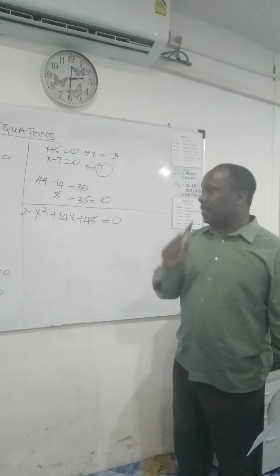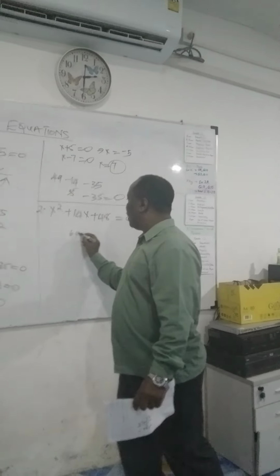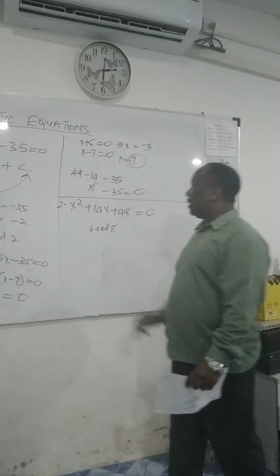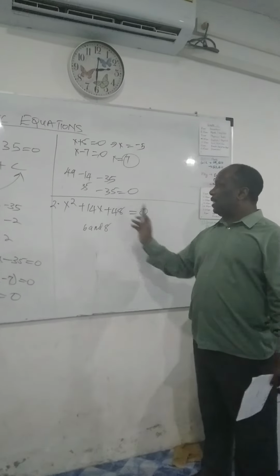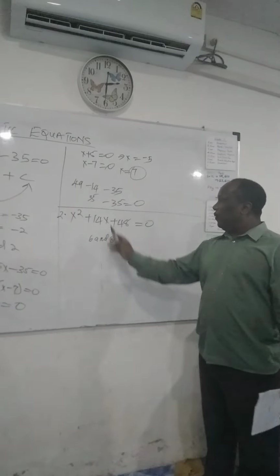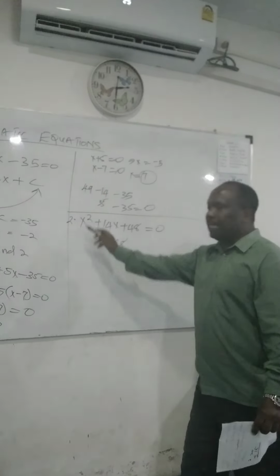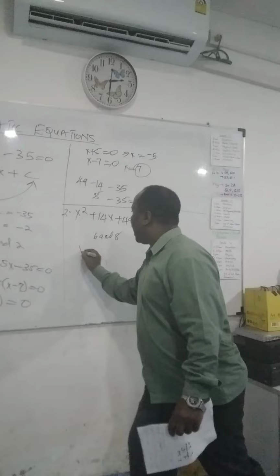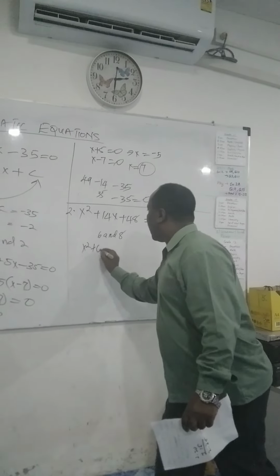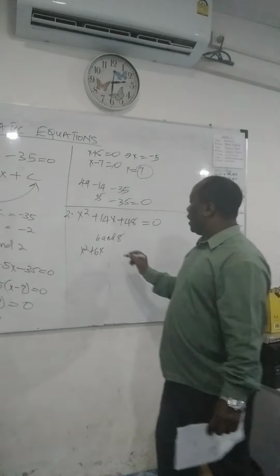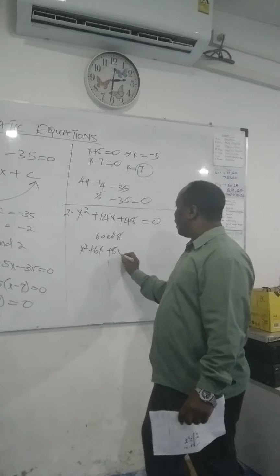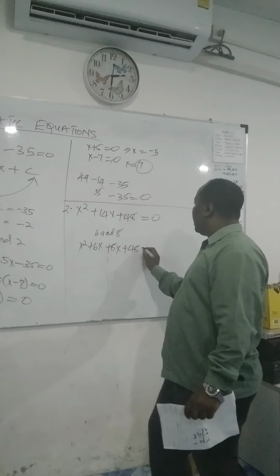The two numbers are 6 and 8. If I multiply 6 times 8, I get 48. If I add them, I get 14. So I write this equation as x squared plus 6x plus 8x plus 48 equals 0.